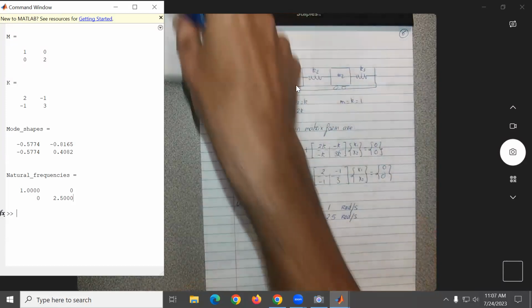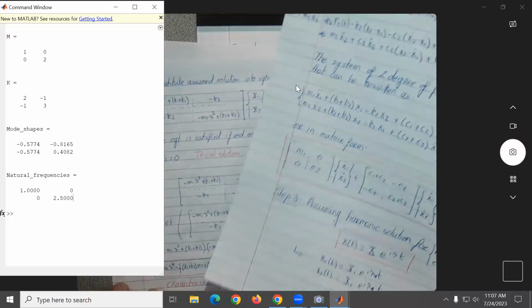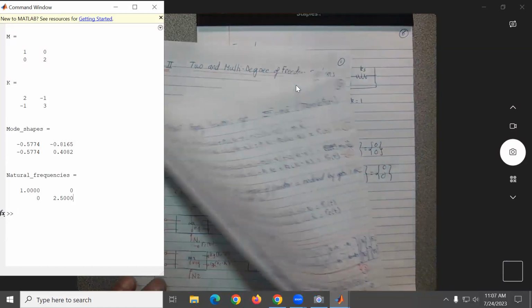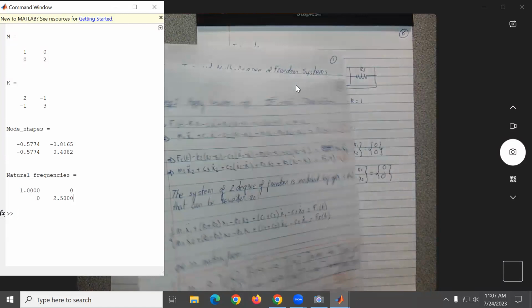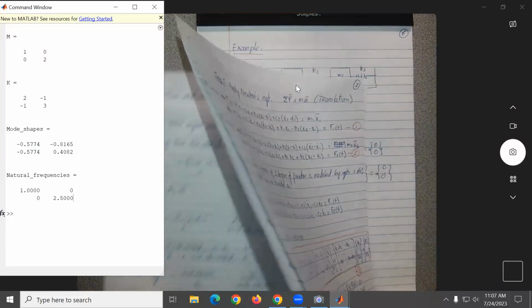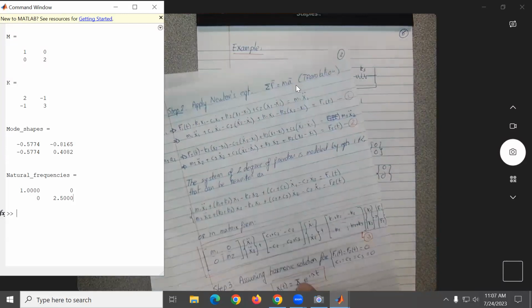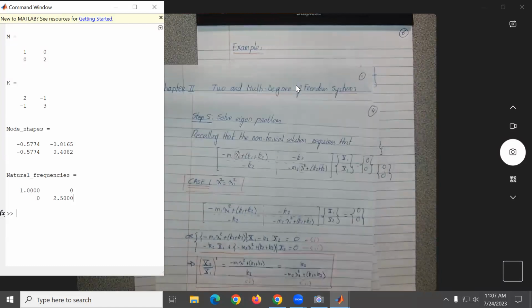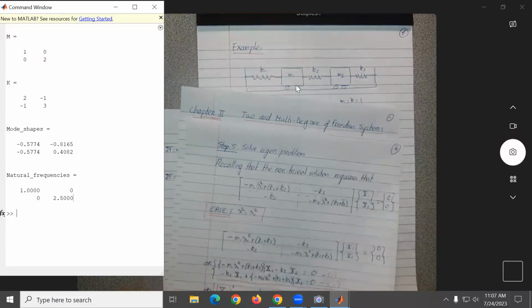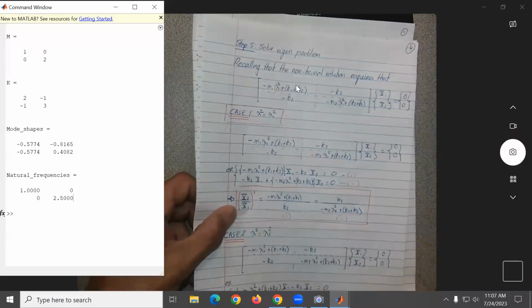Now let's go very quick here. I'm going to do this quickly, but tomorrow I will redo all of this. We have to use this equation here.